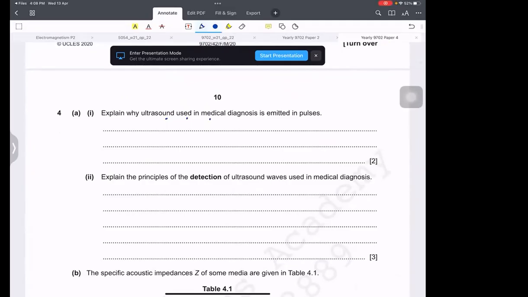So for 2 marks, do remember that a pulse is reflected by every boundary and can easily be distinguished, right?